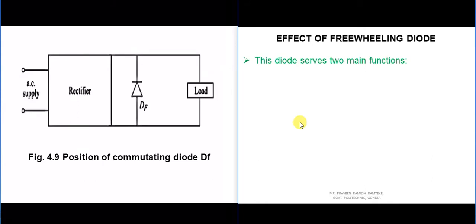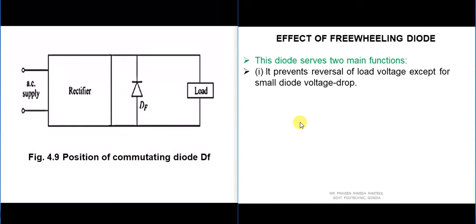This diode serves two main functions. It prevents the reversal of load voltage, but there will be some minute voltage drop across this diode. That is obvious because whenever this diode is forward biased or reverse biased, it has some resistance, and some voltage drop will occur across that diode.